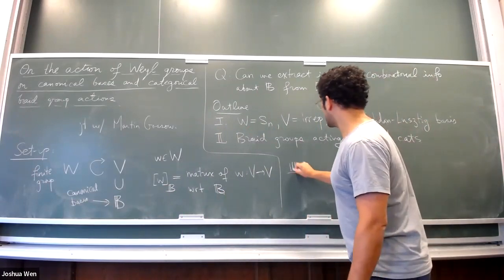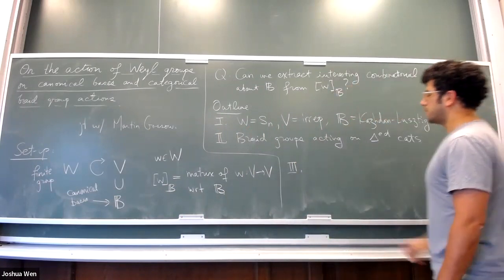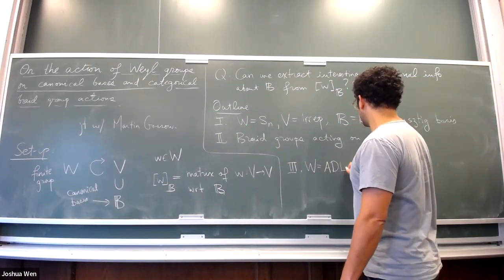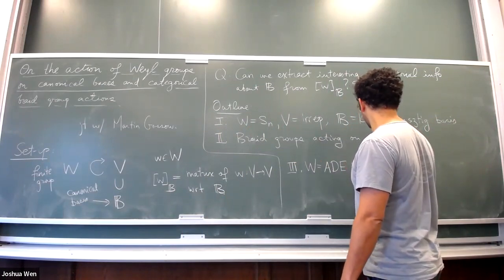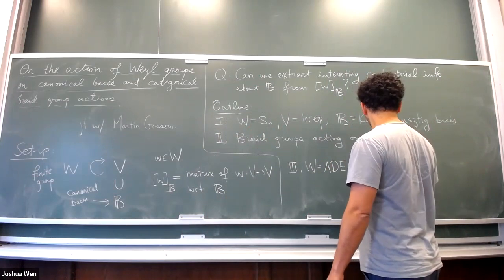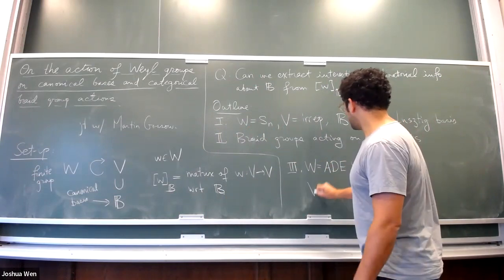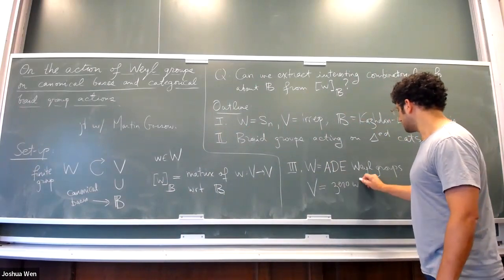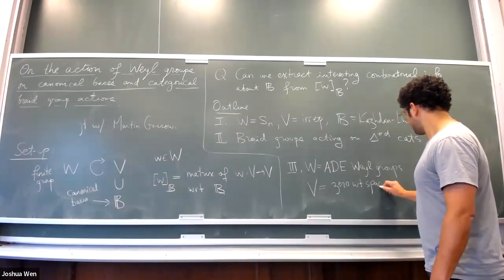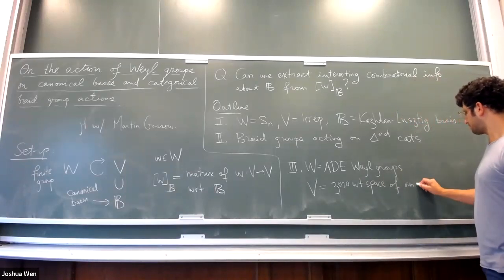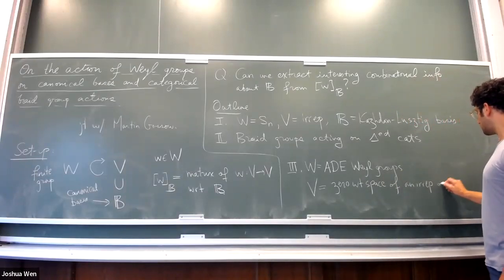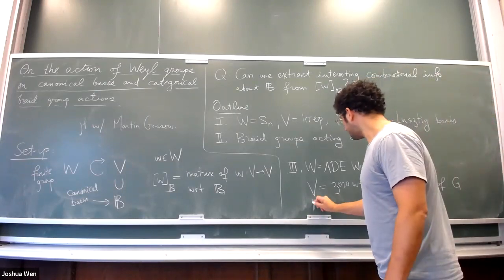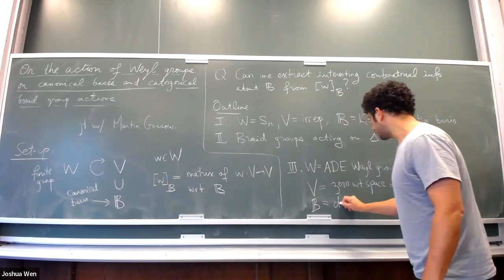And finally, at the end of the talk, probably just a little bit, I'll talk about how to generalize the story to simply laced Weyl groups, where V is going to be a zero weight space of an irreducible representation of the corresponding group, and B will be the dual canonical basis in this setting.